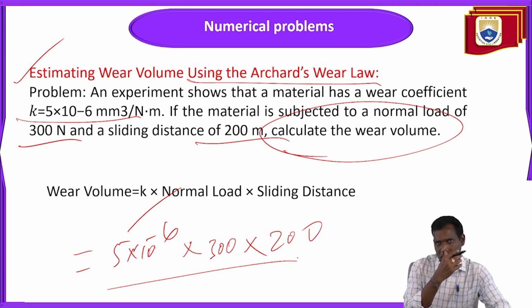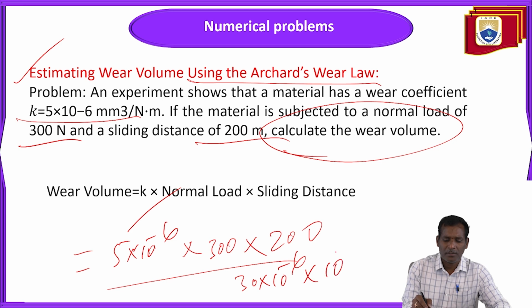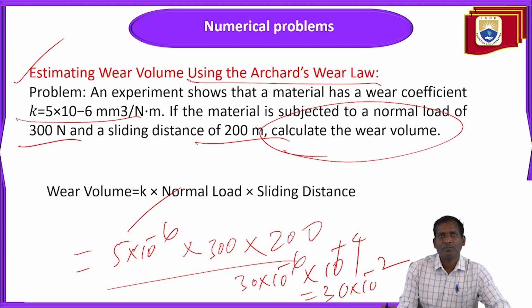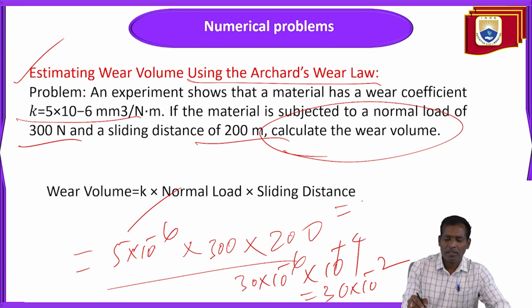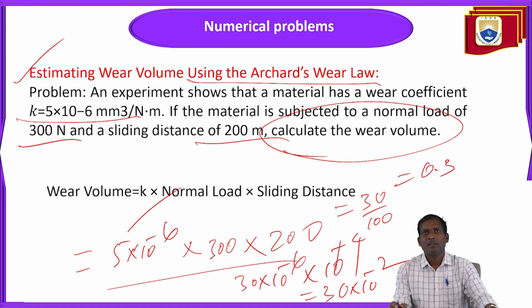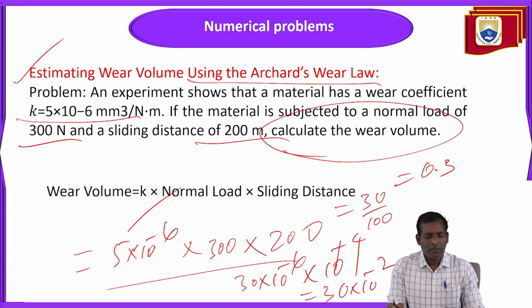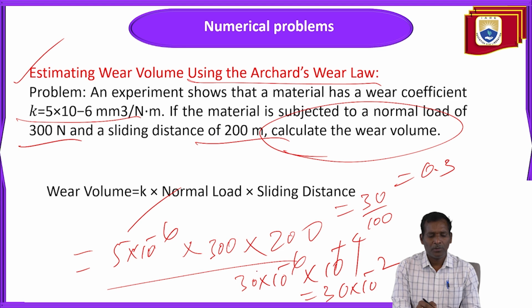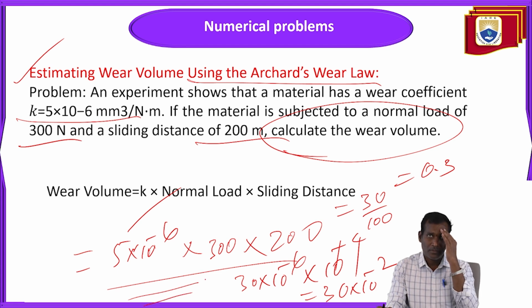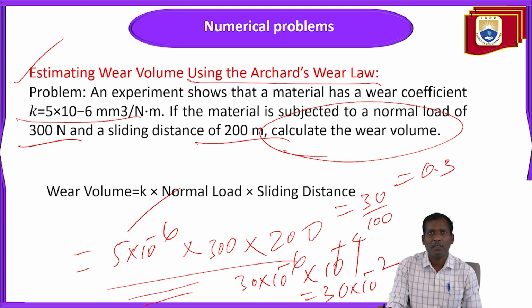So you will get 30 multiplied with 10 to the power minus 2. So the wear volume is 30 by 100, so 0.3. What are the units here? mm cube. With 300 newtons and 200 meter sliding distance, in terms of mm cube we get the volume.